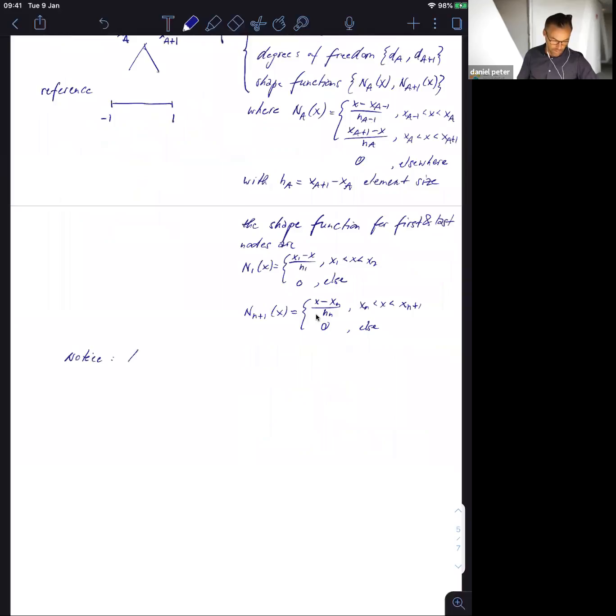Notice here the stiffness matrix K becomes symmetric and banded for these shape functions.